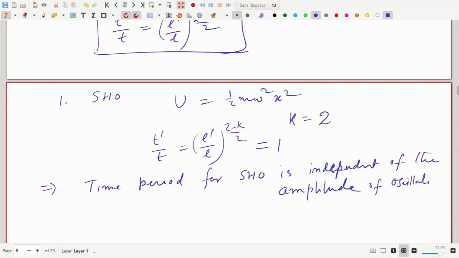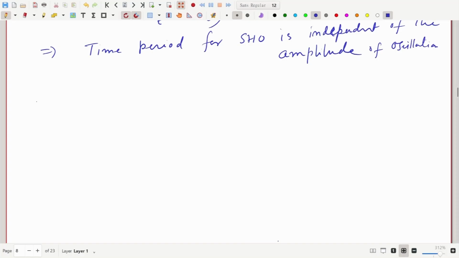This is something we know from our study of the simple harmonic oscillator. With more amplitude the particle will move faster, and with less amplitude it will move slower, but the time period will always be the same. So, this we know already, and we can extract it from the principle of mechanical similarity by using this scaling consideration.